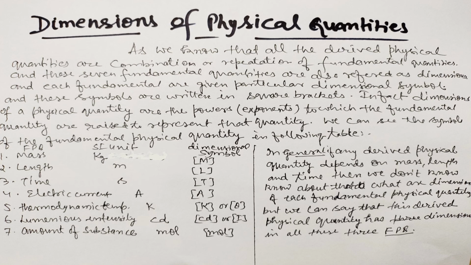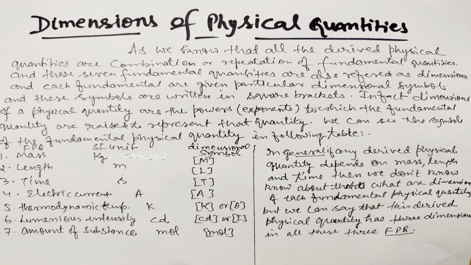If one fundamental quantity included in that derived physical quantity is repeated, for example, if length is there two times, then length into length means L squared. The 2 means the power 2. So the 2 is the dimension of the particular fundamental physical quantity, length.